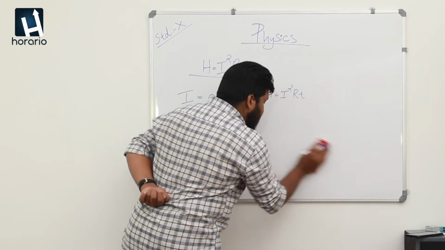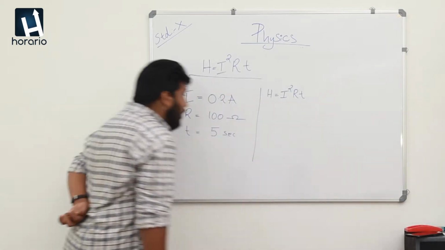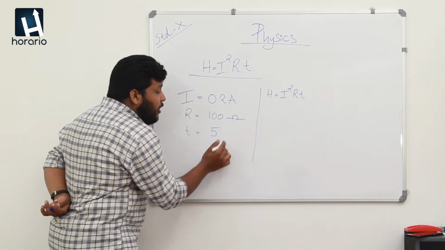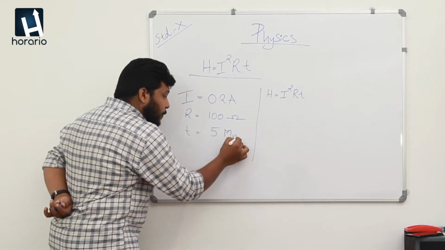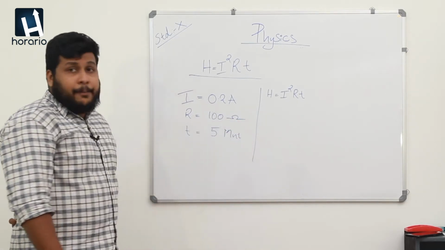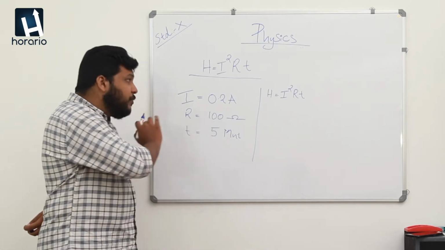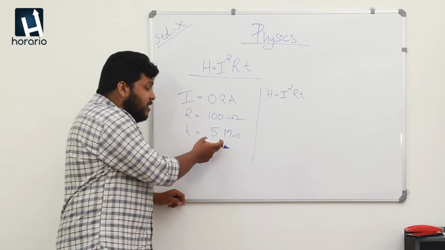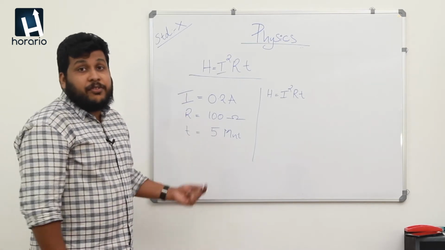Here the same equipment is working for a time of 5 minutes. How much will be the heat energy produced in the circuit if this equipment is worked for 5 minutes?